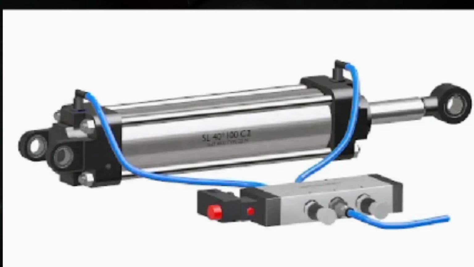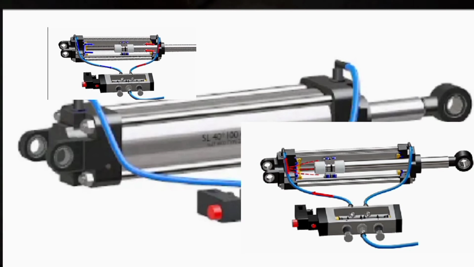An example of where pneumatic actuators are used is the pneumatic linear actuator, which is very popular and uses compressed air to produce great force. The force produced from a pneumatic linear actuator can actually lift something.